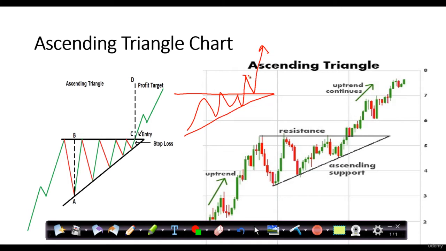Whenever it takes a retest and starts moving upside, you need to make an entry here and put the stop loss here. If you do so, the success ratio is higher as compared to directly making an entry at the breakout.